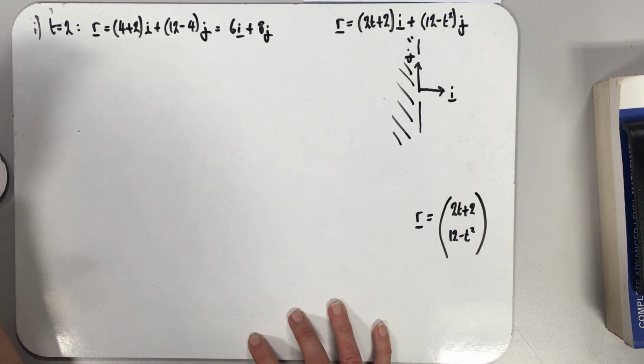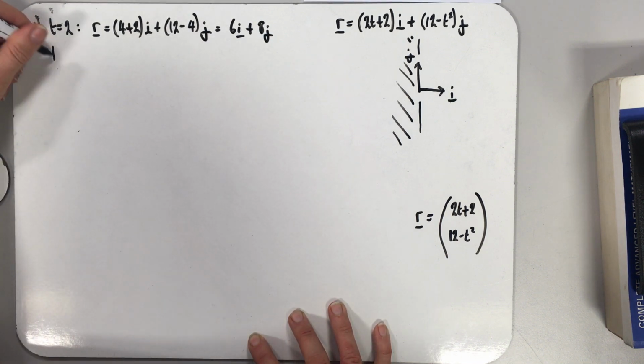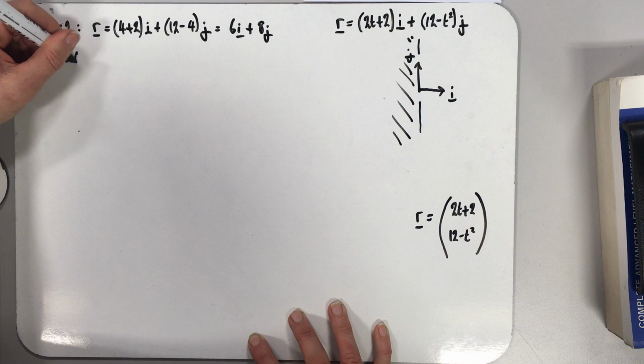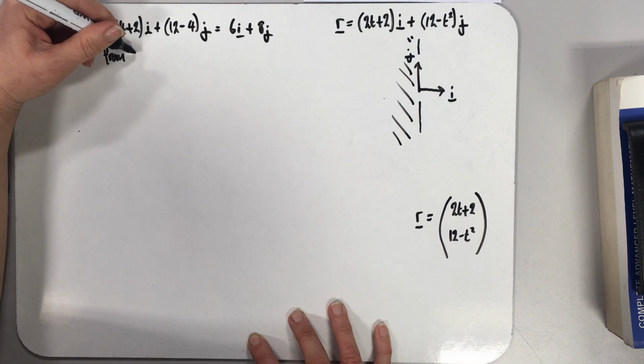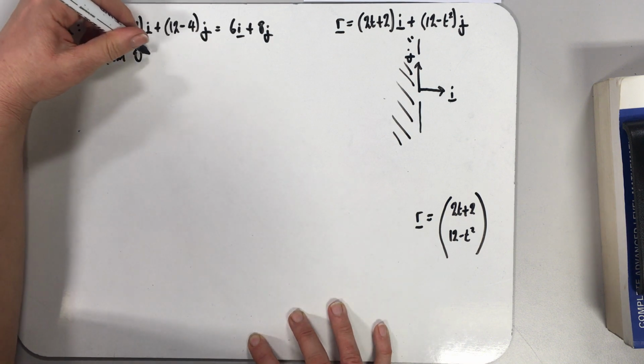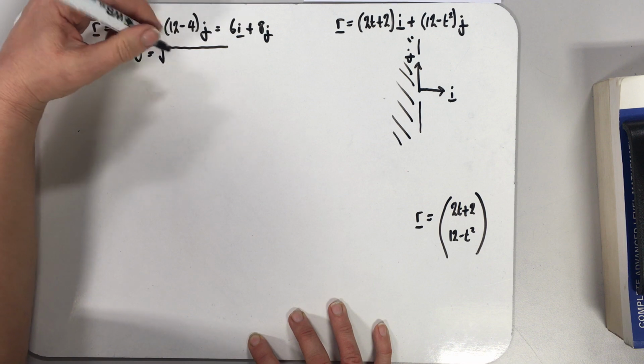So if we've gone 6 across and 8 up, the distance from the origin is Pythagoras. So we're going from a vector quantity to a scalar quantity, and it's just straightforward Pythagoras. It's the magnitude of r.